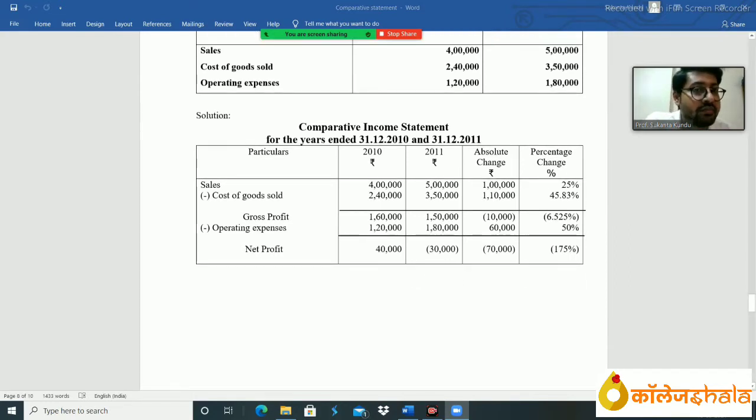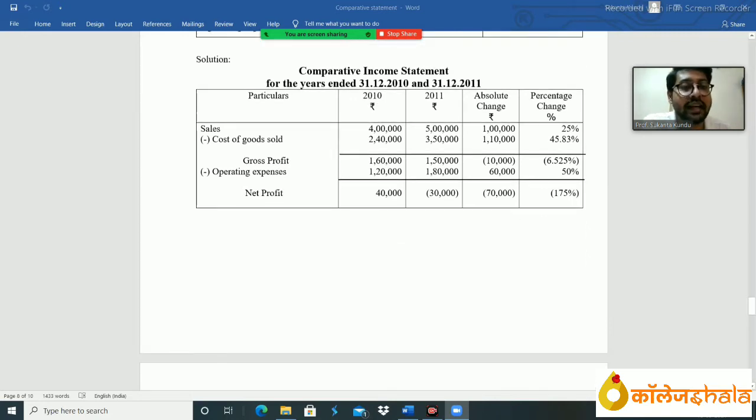So the process is same. The calculation of absolute change and percentage change are same. You have to remember this pro forma: sales minus COGS, that is gross profit, then less operating expenses.